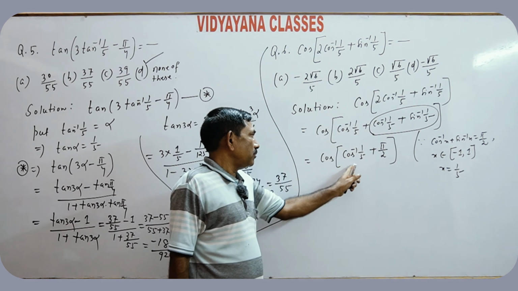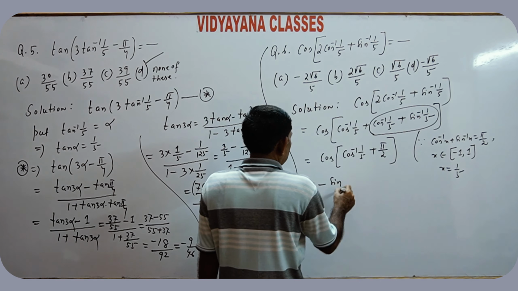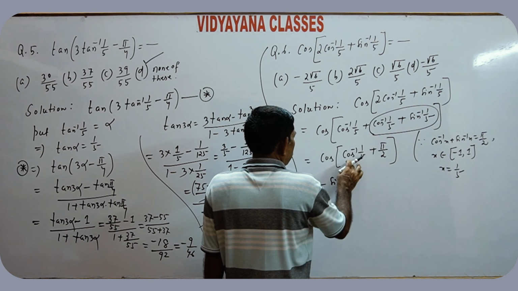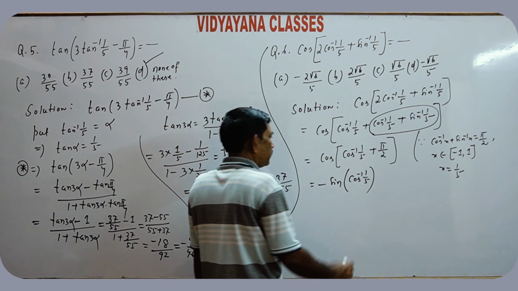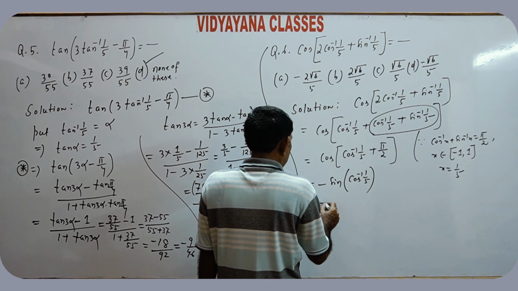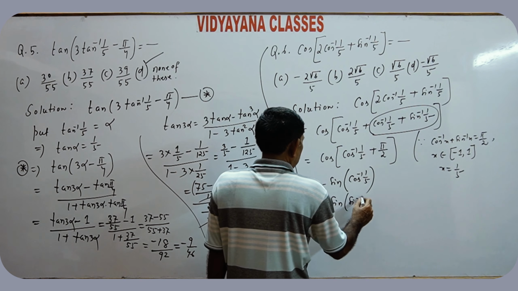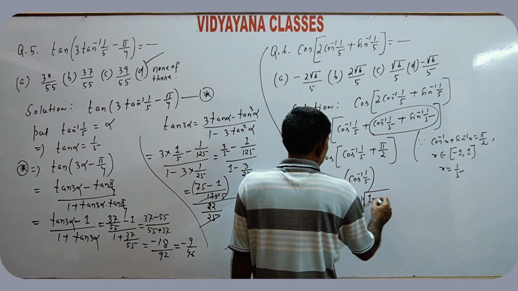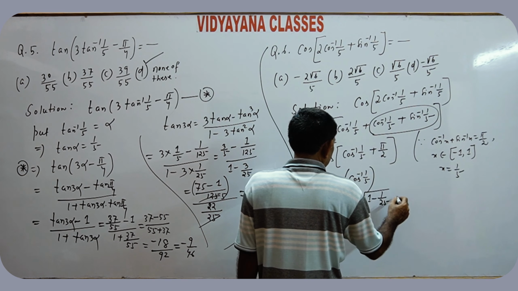Cos (90 plus theta) is equal to minus sin theta. Theta means cos inverse 1 by 5, which is the same as sin inverse of square root of (1 minus 1 by 25).